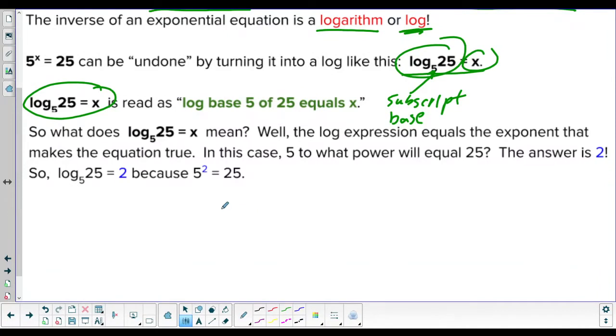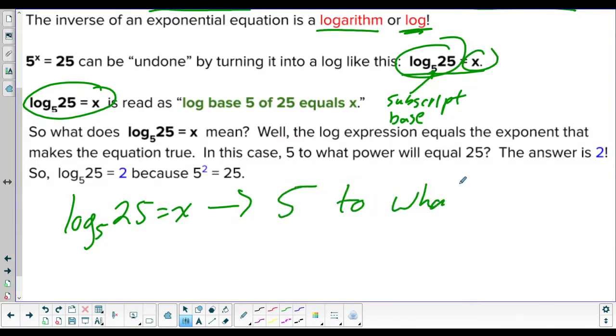What log base 5 of 25 equals x is asking in words is: 5 to what power is 25? You can think of the what power part as x.